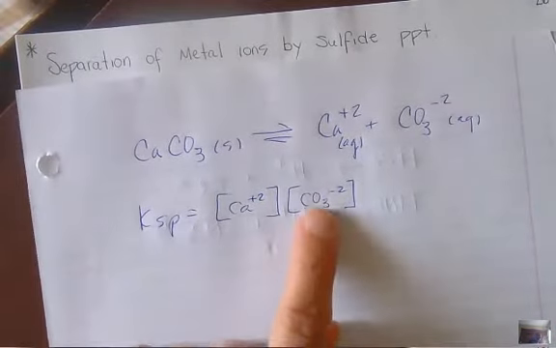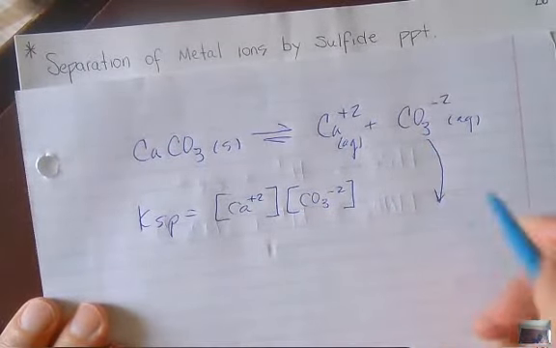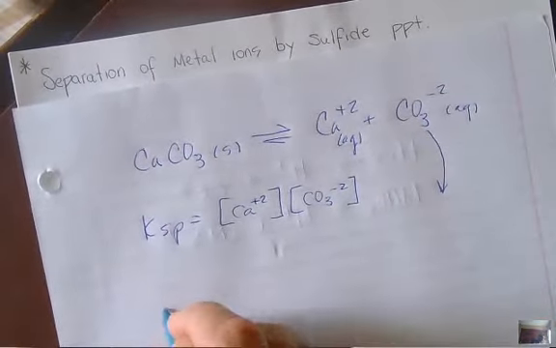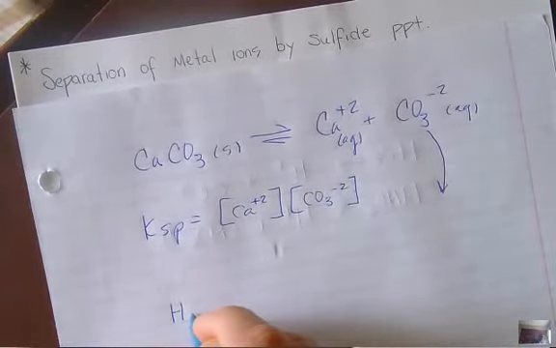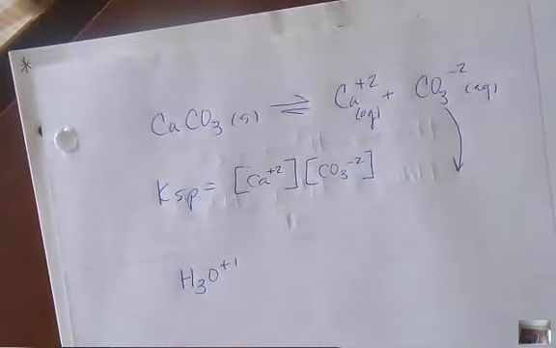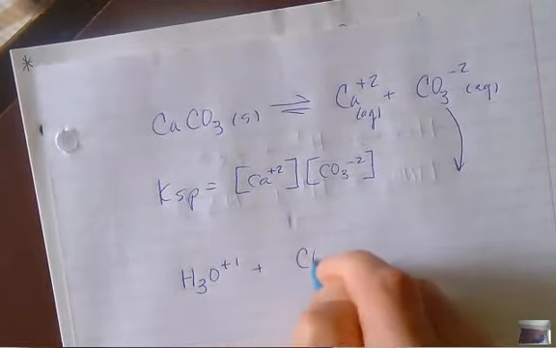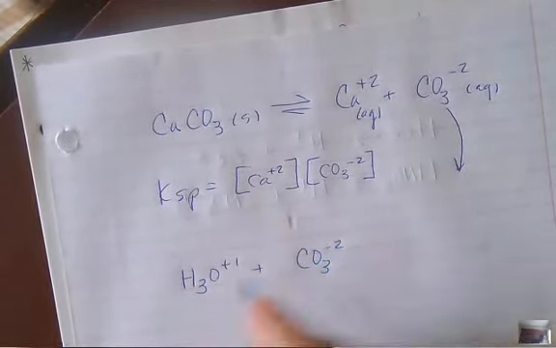Okay? But this is a common ion, right? So I can remove this from solution by doing what to it? Well, I could do it by adding external hydronium ions to it. If I add external hydronium ions, the first reaction that will happen is this is going to go pretty far to the right. This is a neutralization reaction.